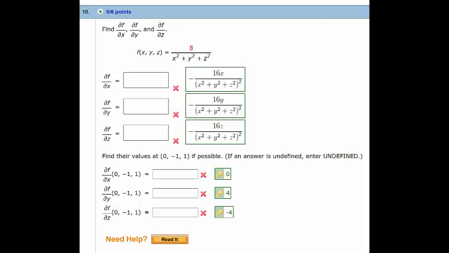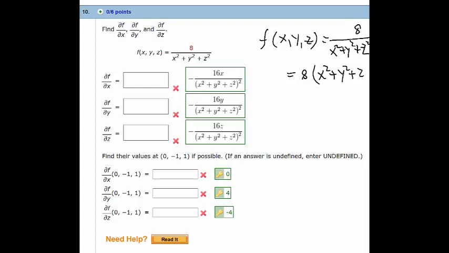So just look here, you have f(x,y,z), a 3 variable function. f(x,y,z) is 8 over x squared plus y squared plus z squared, okay? Like that. So if I write this function as this, see here, 8 and then x squared plus y squared plus z squared to the negative 1. Is it okay?